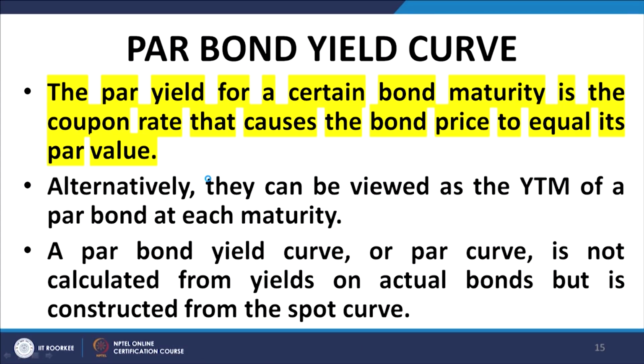Because for a par bond the coupon rate must equal the YTM, we can alternatively state this par yield as the YTM of a par bond, of a bond that is quoting at par for each maturity. Both these definitions are equivalent, because for a par bond, which is a level coupon bond with redemption at face value, we must have C equal to Y, that is, the coupon rate must be equal to the YTM.